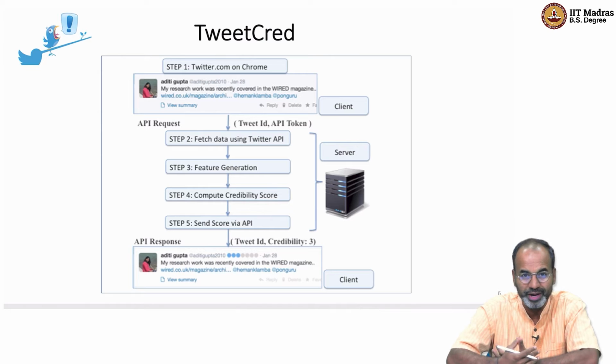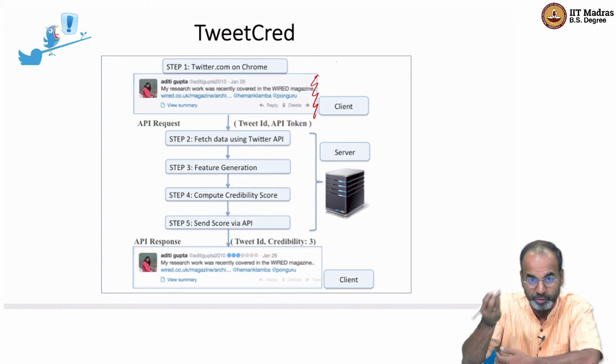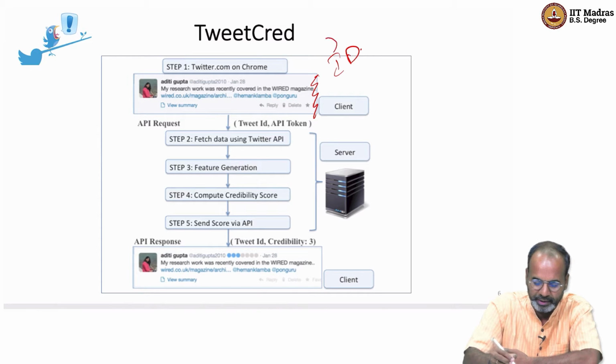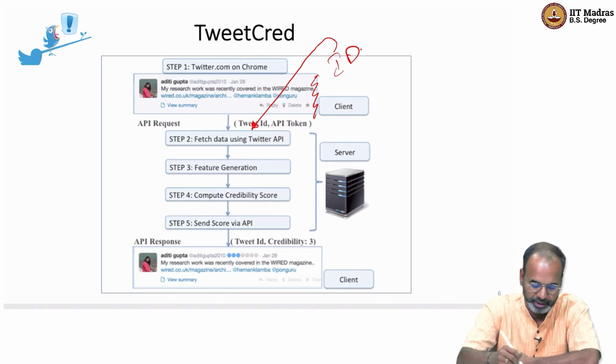How does the score get created? So every tweet that shows up on your timeline has a tweet ID. That ID is sent through the Chrome extension. Then the ID is used to fetch data from the Twitter API.